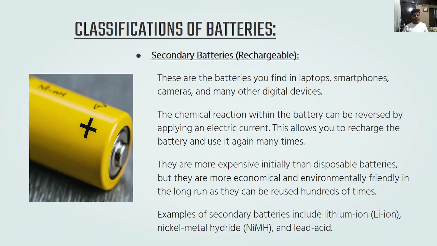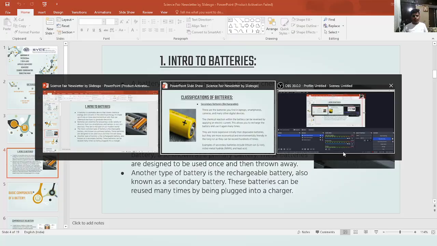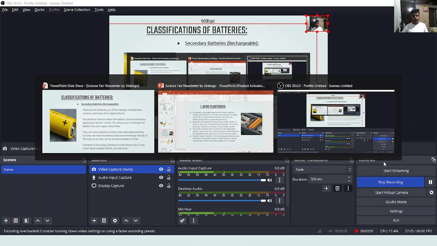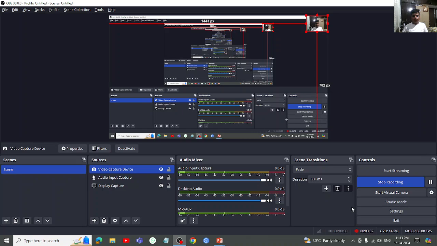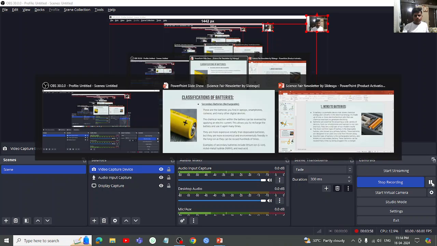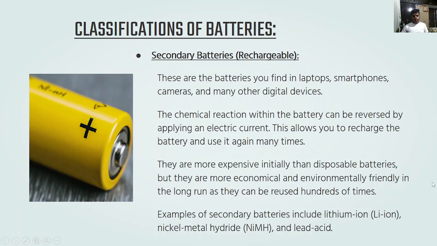Then come secondary batteries, which are also known as rechargeable batteries. These are the batteries you find in laptops, smartphones, cameras, and many other digital devices. The chemical reaction within the battery can be reversed by applying an electric current.